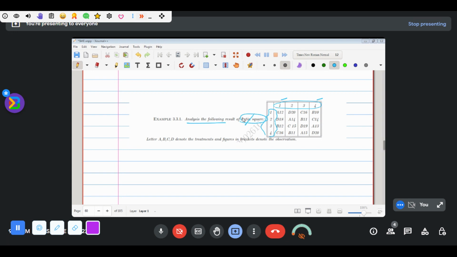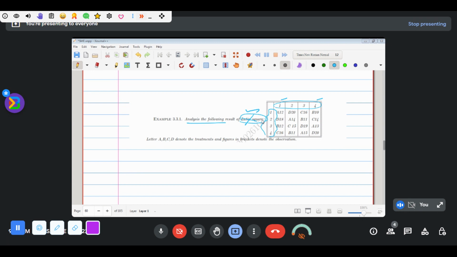Suppose the Latin square is not given, meaning you can solve the problem using either the Latin square or the RBD method. If the Latin square is given, you use only the Latin square.